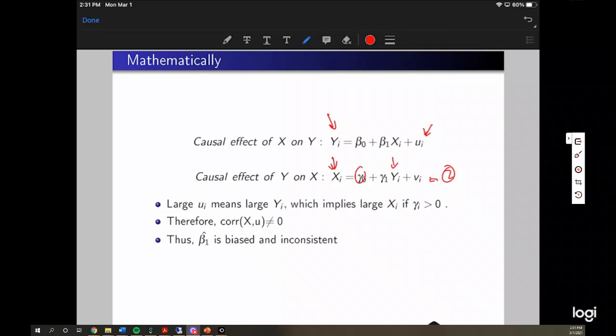Therefore there's correlation between the u and the x in the first model, and that means we're violating assumption number 1. The expected value of ui conditional on xi does not equal 0, meaning the correlation between ui and xi does not equal 0, and so we're back to the omitted variable bias problem, or we've violated assumption number 1, and therefore beta 1 hat is inconsistent and biased, and so would be gamma 1.